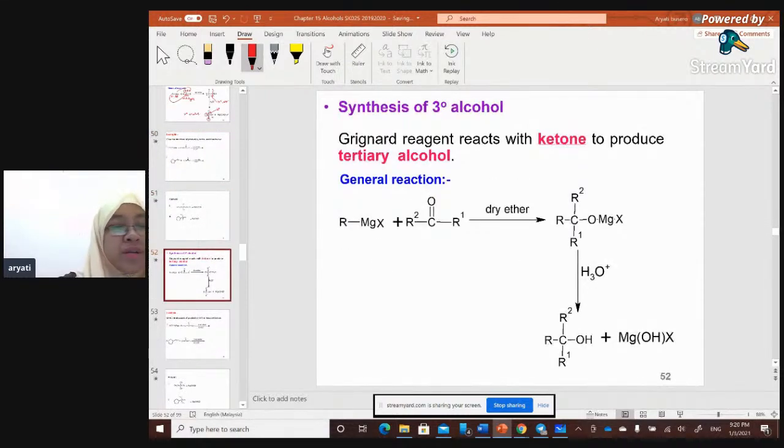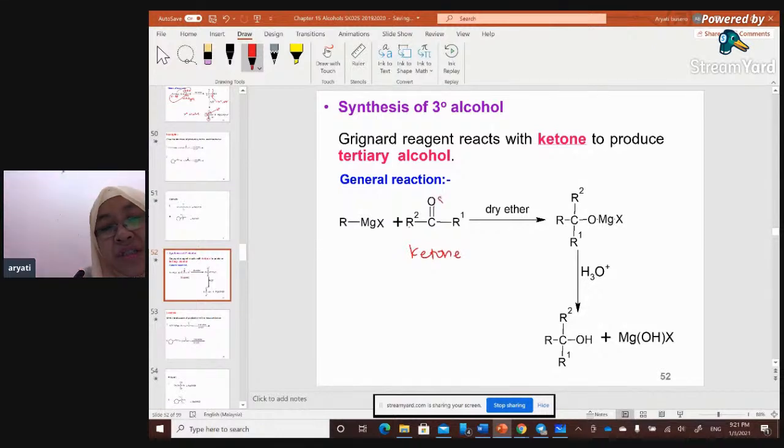Okay, so formation ataupun synthesis of tertiary alcohol. Okay, so formation of tertiary alcohol, when the Grignard reagent react with R, C double bond R is ketone.